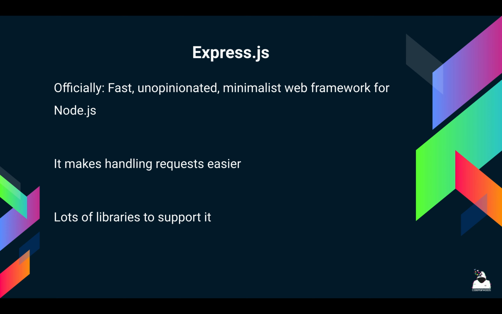It is just the server part of it, and it just provides an extra layer of ease. So in my opinion, it's easier to build servers using Express over the Node module HTTP.